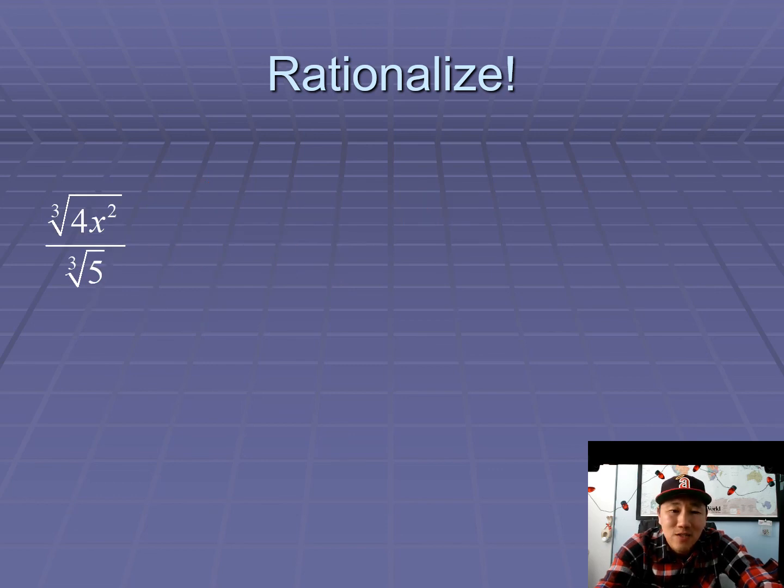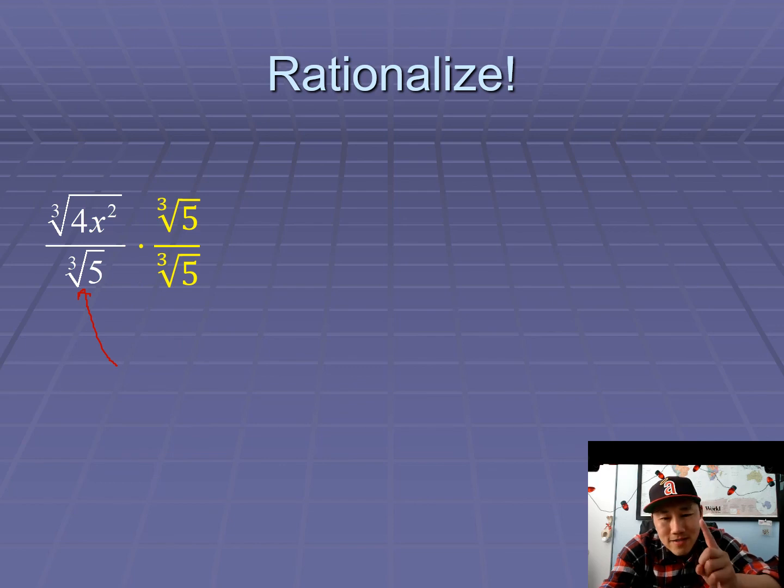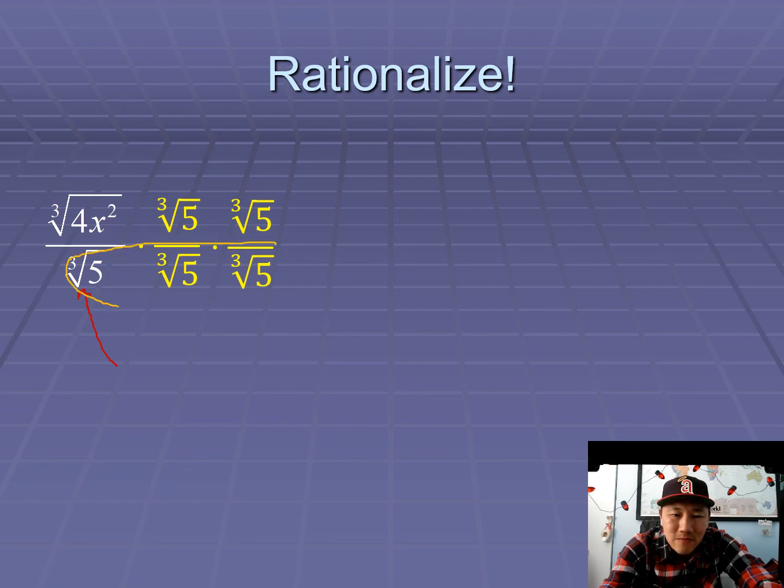Let's do one last one for the day. Notice we have a cubed root of 5. We're going to have to multiply it not only once, but twice, just so that there's 3 of them. Cubed root, there's 3 of them, so I'll show you what happens in a little bit.